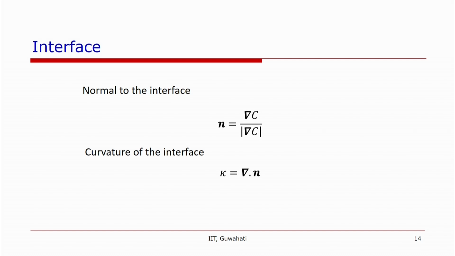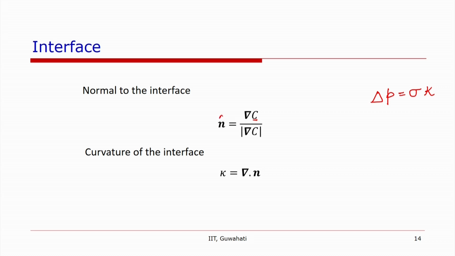At the interface, when we want to implement the surface tension force, we need the curvature. If you remember, the pressure jump at the interface, or Laplace pressure, is defined as sigma kappa, where kappa is the curvature of the interface. So we need to identify the curvature of the interface, and this information can also be obtained from the color function, or the marker function.